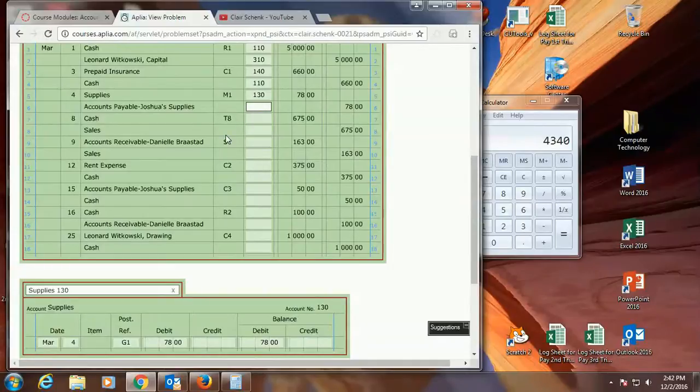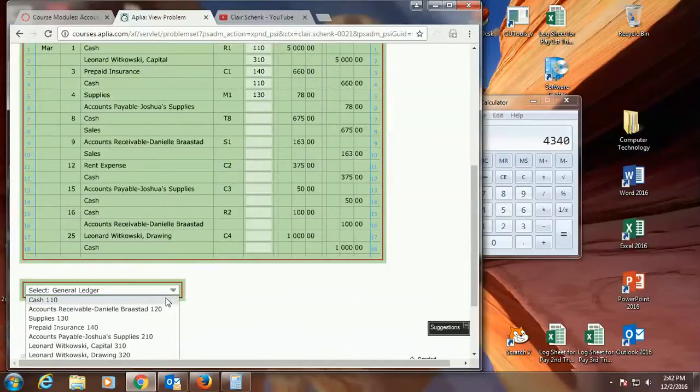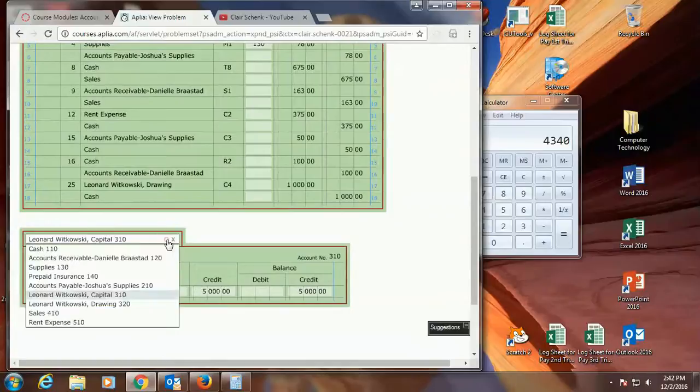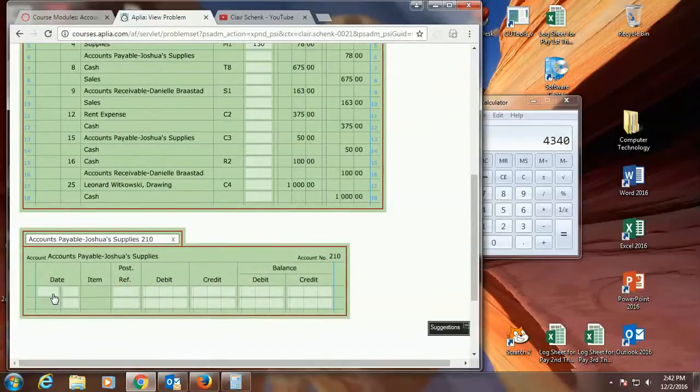So I'm on to line 6. This is accounts payable, Josh Supplies. So let me open Josh Supplies. I'm having a difficulty. There it is, Josh Supplies.